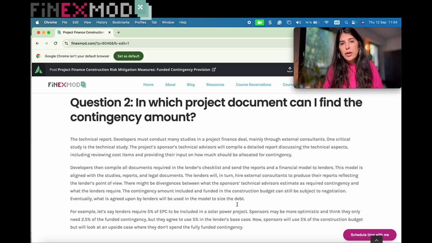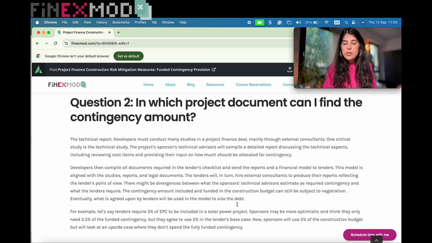And it's also a requirement from lenders, of course, to have all these project documents and all these studies. One of these studies, as I said, is the technical study, where the external technical advisor will go and check all the aspects and technicalities around the project, but they will also review the cost and provide estimates for project cost. And one of these cost items is contingency.